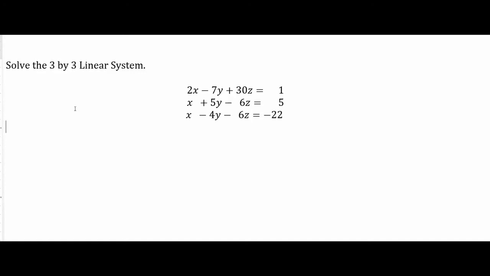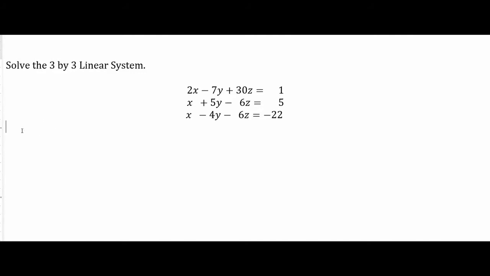Instead, I'm going to notice that we've got a 2x versus a 1x in both of the others. So I'm going to use equation 1 as a focus or working equation, focusing on getting x to cancel out.